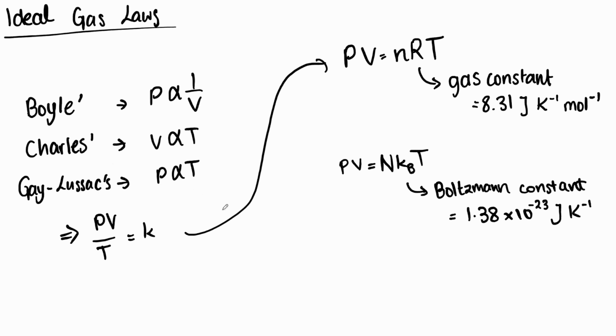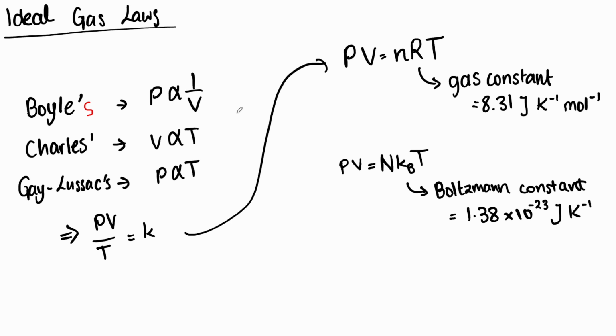So there are 3 ideal gas laws you should know about. There's Boyle's law, which states that pressure is proportional to 1 over V. There's Charles's law, which is volume is directly proportional to T. And there's Gay-Lussac's law, which is pressure is proportional to temperature.